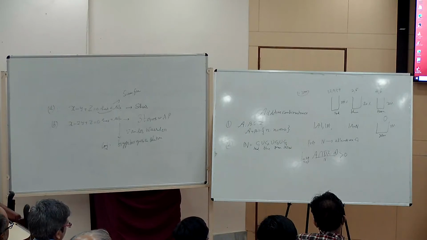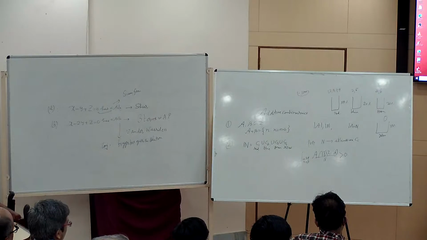This again I do not need for every n, but for an infinite sequence of n. For an infinite sequence of n, I want the number of elements of A in 1 to n bigger than constant times n. If that happens, already the equation x minus 2y plus z equal to 0 will have a solution.